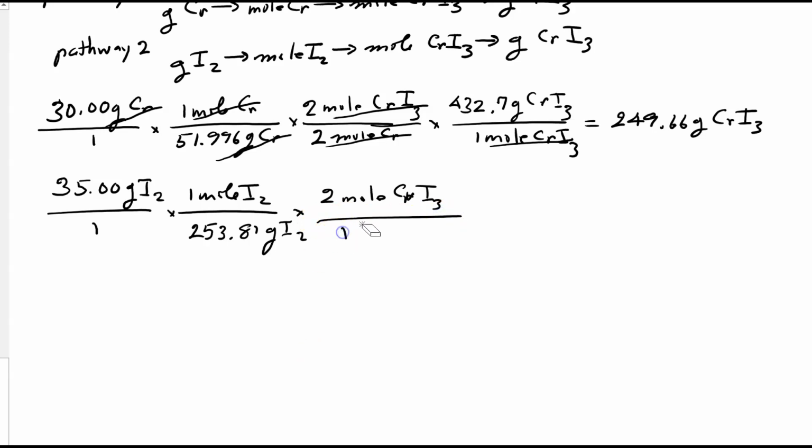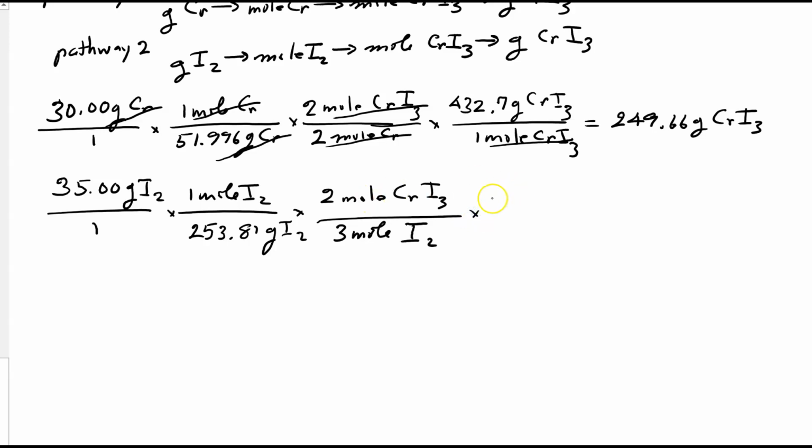Let me make that clearer. This is CrI3, and this is 3 moles of I2, again from the balanced reaction.